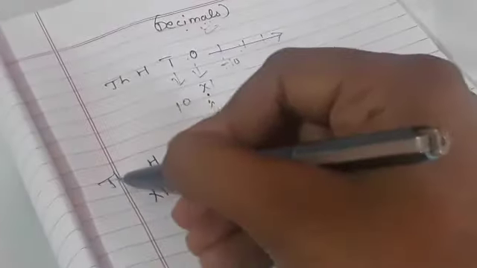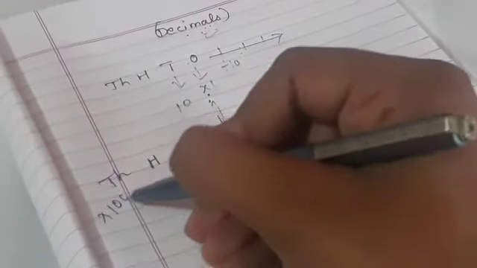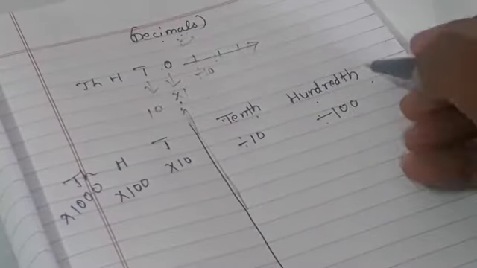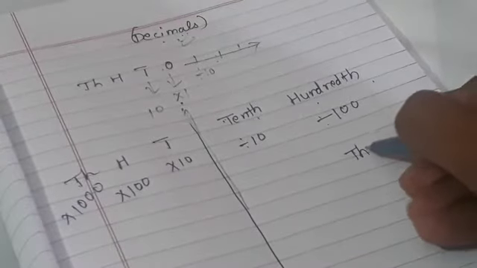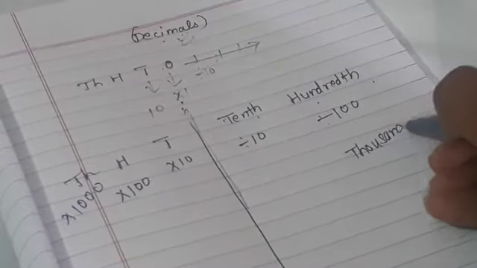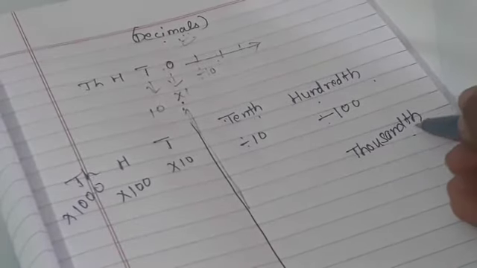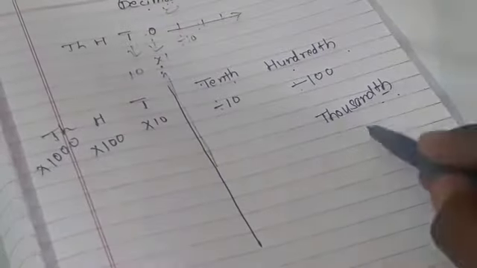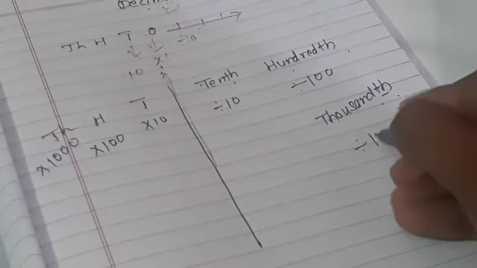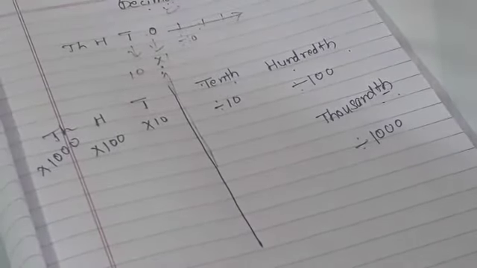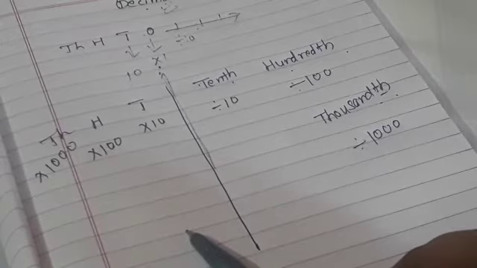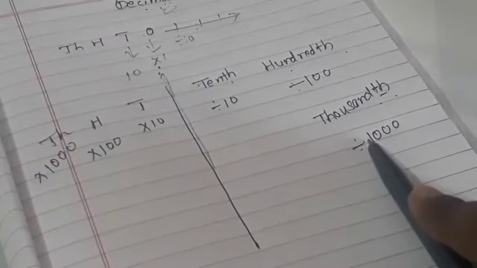Now you all know this is 1000, multiply by 1000, and here the place is thousandth. Class, it's very important, th is the last word here. Thousandth means divided by 1000.